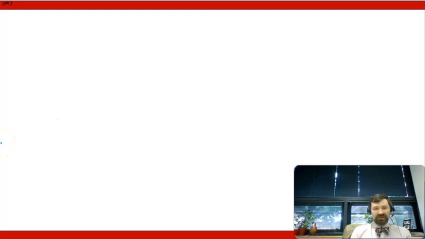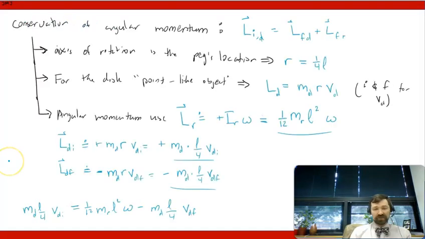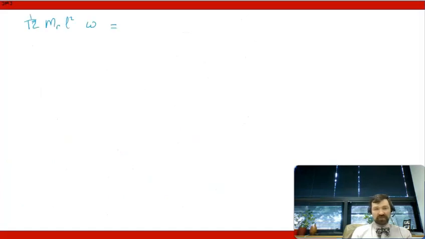What that ends up giving us is 1/12 times the mass of the rod times the length squared of the rod omega is equal to, noticing that we have an M_D L over 4 for both of these terms, we just collect those outside, so mass disk L over 4, and what is associated with those is v initial for the disk minus v final for the disk.